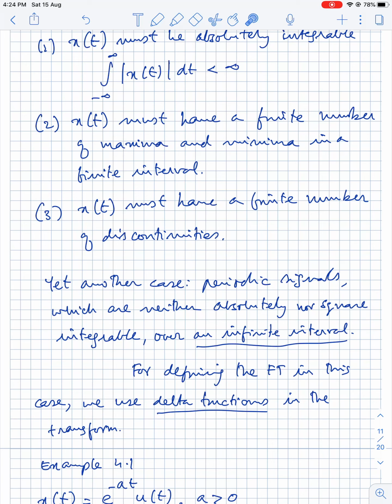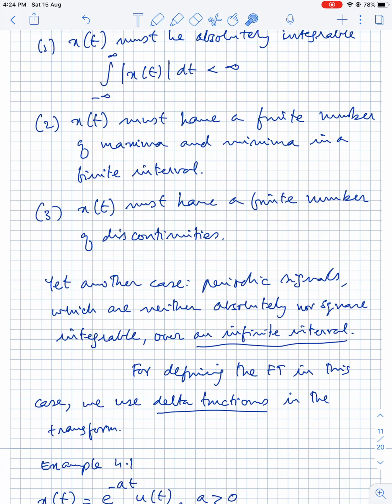We were restricting our analysis only to one period. But there may be other functions, like sinusoids, which exist from minus infinity to plus infinity.